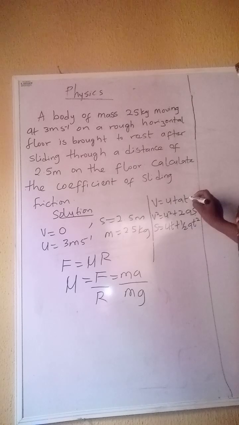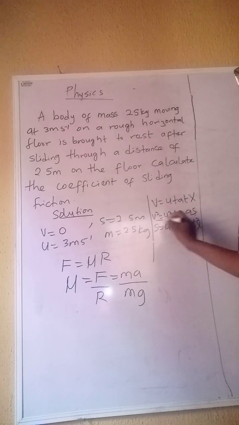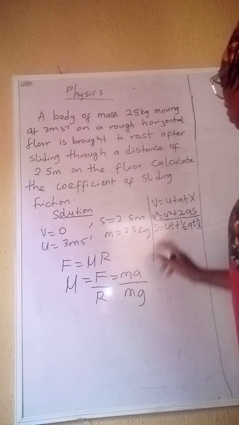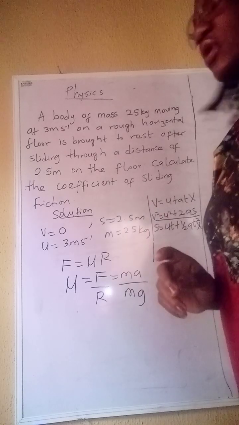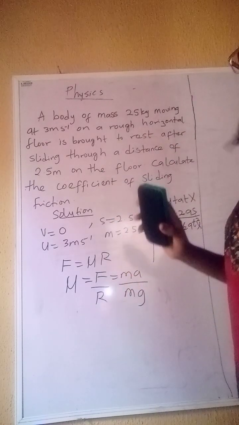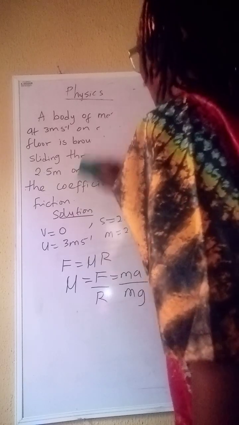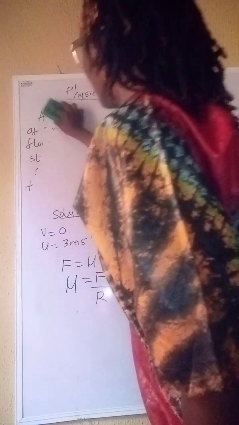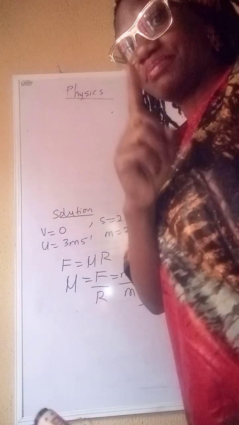This one is not applicable, we don't have t, and this one is not applicable, so we use v squared equals u squared plus 2as to find a. Permit me to wipe the question since we're done picking the parameters. Remember, it is deceleration because the body came to rest. Bear it in mind.